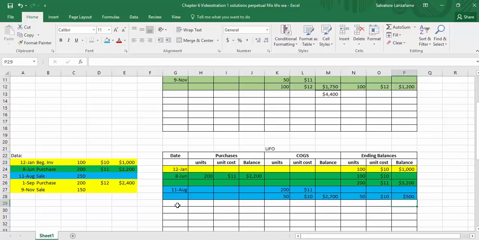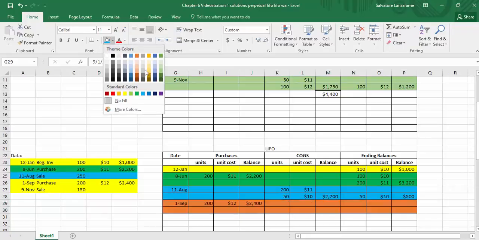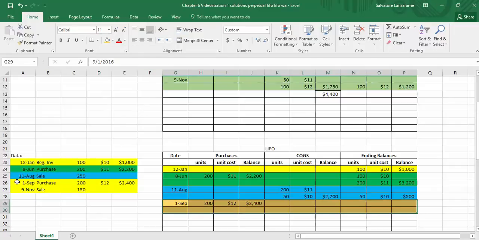So now it's time to go buy some more. It's now September 1st, and we're going to buy 200 at 12. And 200 times 12, as we can see from the data box, is 2,400. Let me color code this one just like the other ones.